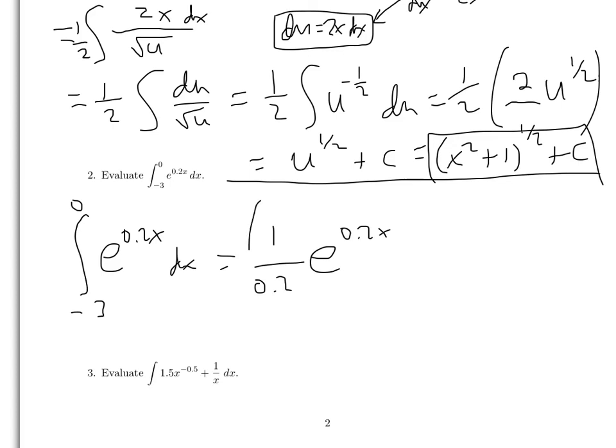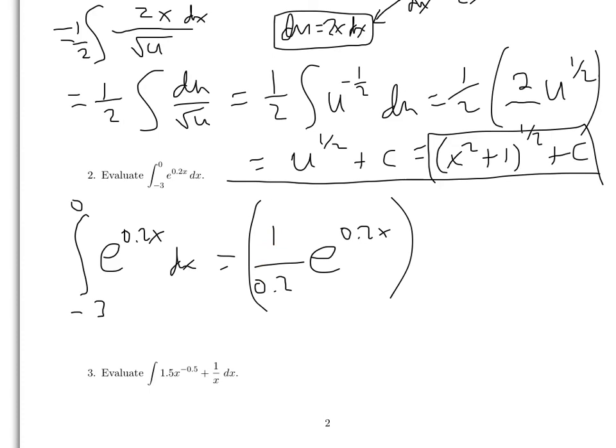If you think about it, when you take the derivative of this, you get e to the 0.2x, and then this 0.2 is going to be multiplied because of the chain rule. The real rule is it's e to the 0.2x times 0.2. So we leave this out here so that when the 0.2 comes out from the derivative, it hits this and goes away.